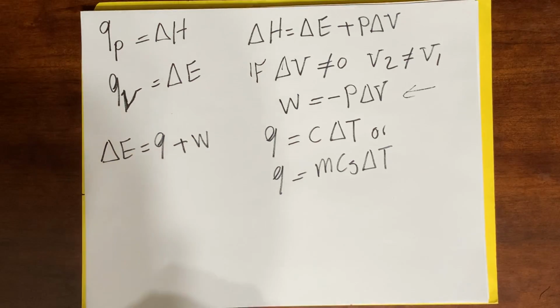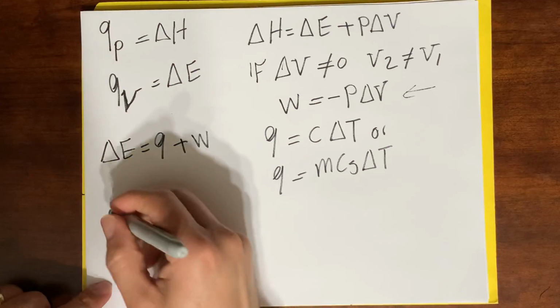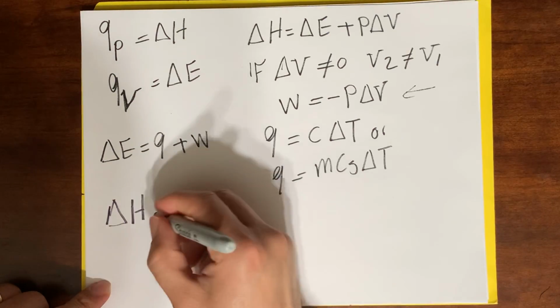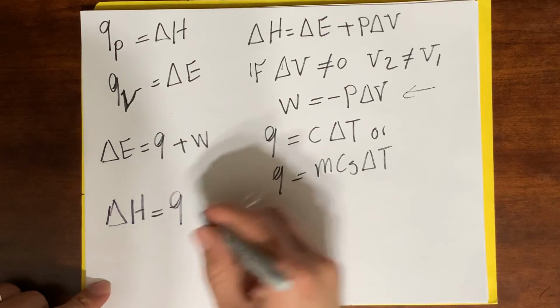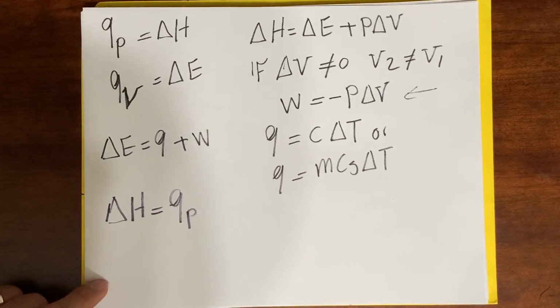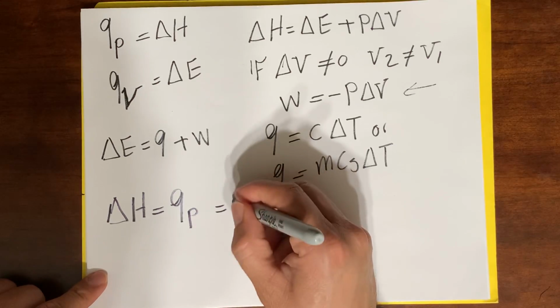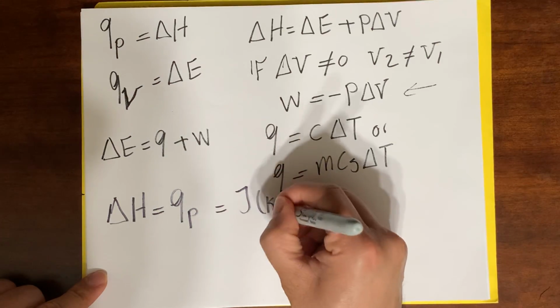Next one, we said delta H, we can find it by knowing heat. If heat is under constant pressure, then we get the delta H. The unit here is going to be either joule or kilojoule.